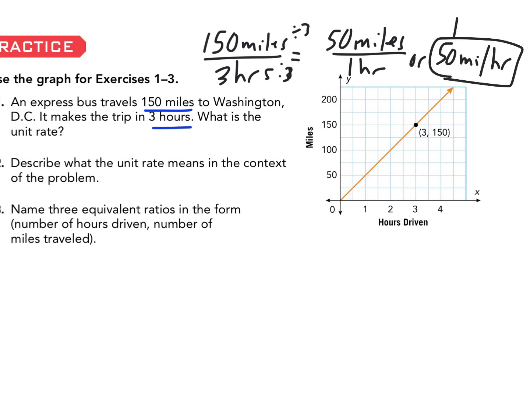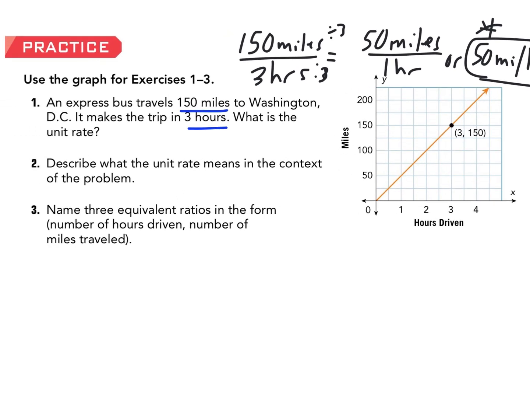Miles per hour sounds pretty familiar. If we would have switched it around, it would have been hours per mile. And I think that came out to like 0.02 hours per mile. That's not normally how we hear things, so that's probably not what they want. So that's our unit rate. That's our answer to question 1.